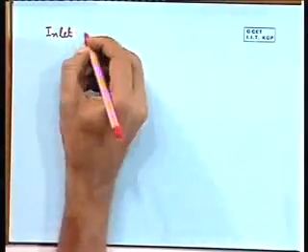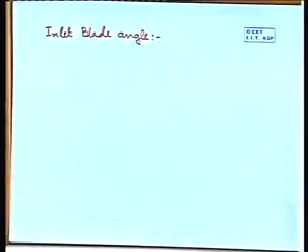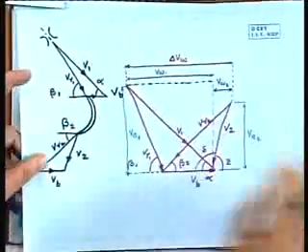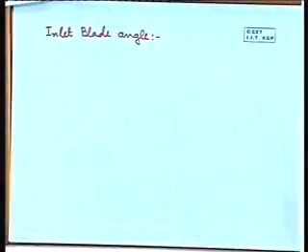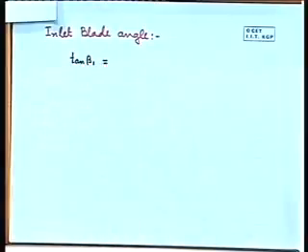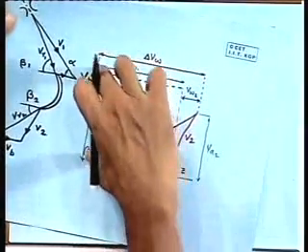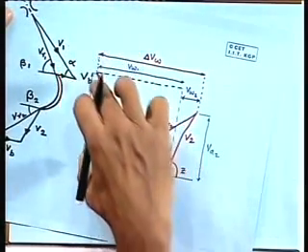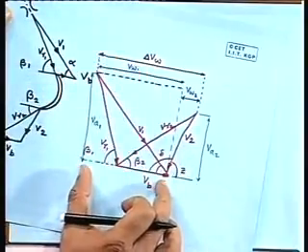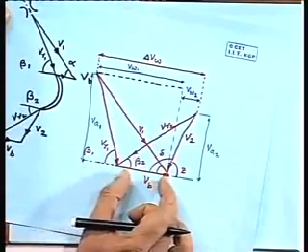The inlet blade angle is given by beta 1, and we can get a relationship like this: tan beta 1 is equal to, how we can get, this is V1 sin alpha, V1 sin alpha is this one, and then V1 cos alpha is this length minus Vb.